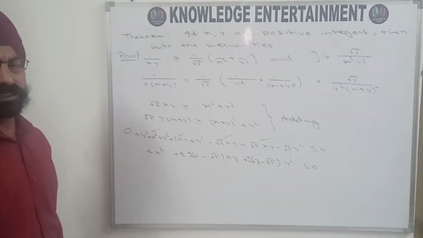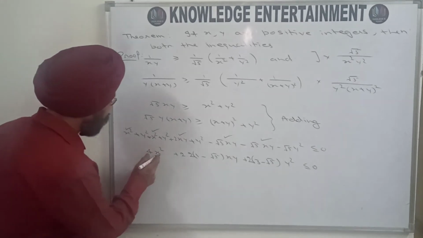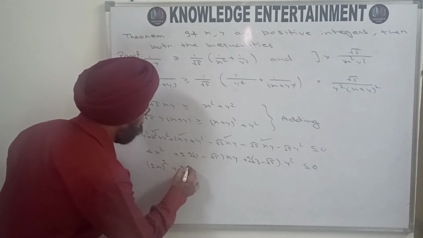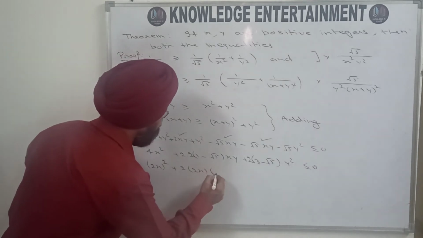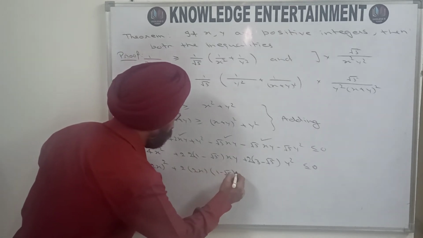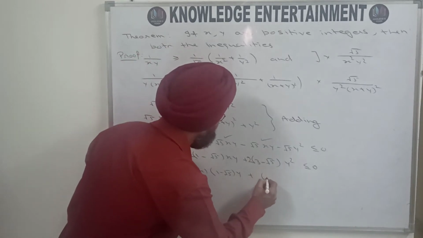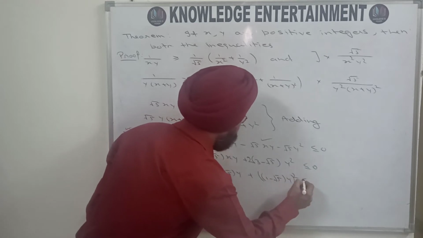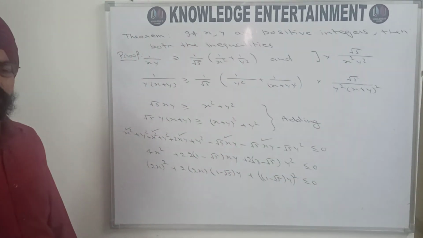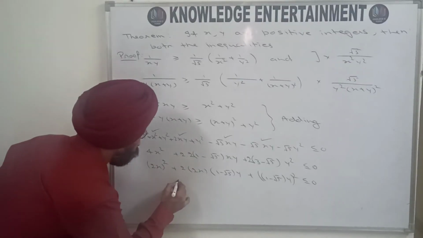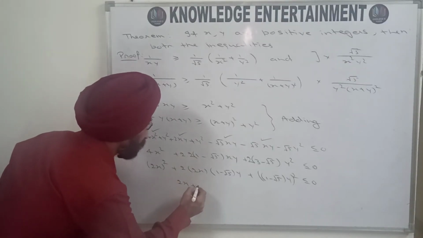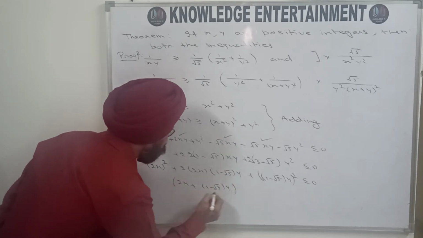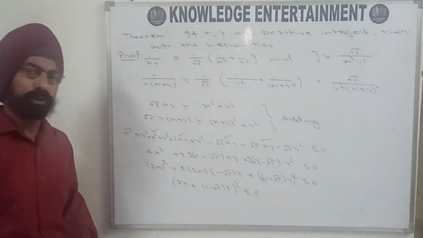If you look at this inequality closely, you will get (2x) whole square plus 2 into 2x into (1 minus root 5) y plus (1 minus root 5) y square is less than or equal to 0. And that means (2x plus (1 minus root 5) y) whole square is less than or equal to 0.